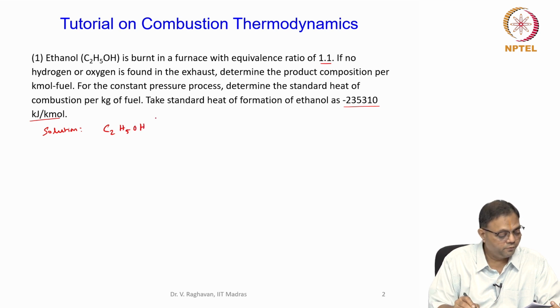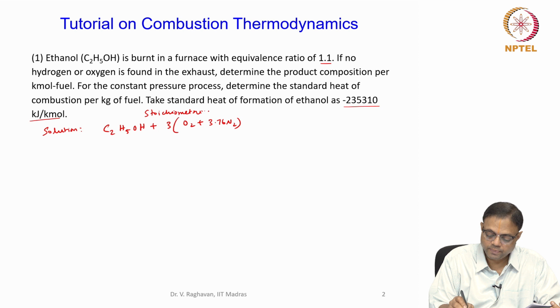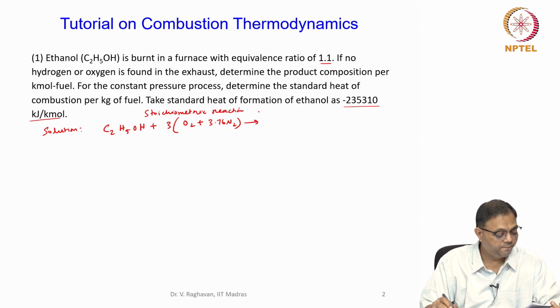C2H5OH plus 3 times O2 plus 3.76 N2. So this is the stoichiometric reaction, giving 3H2O plus 2CO2 plus 11.28 N2.